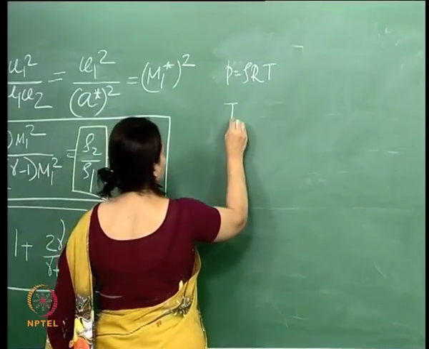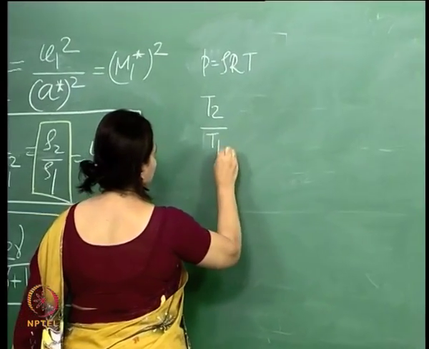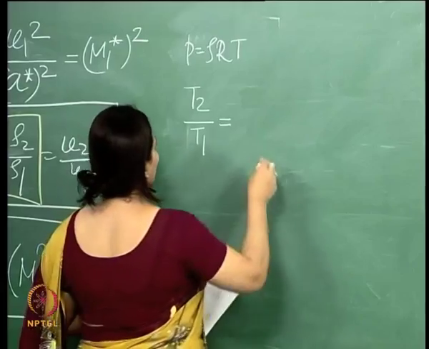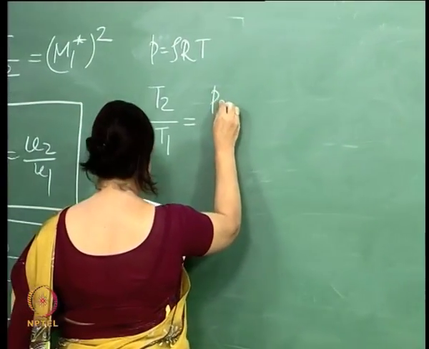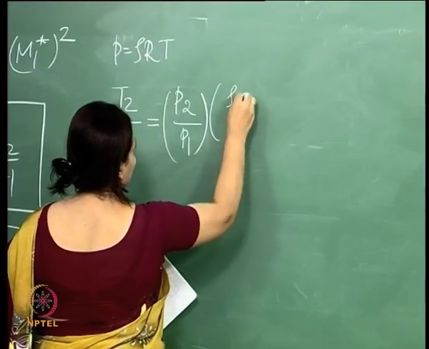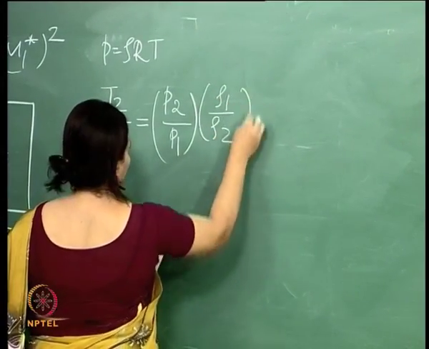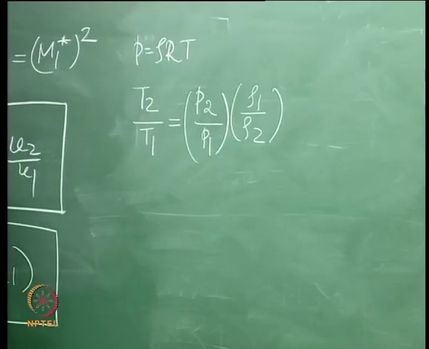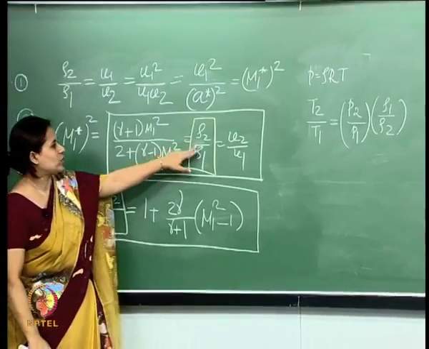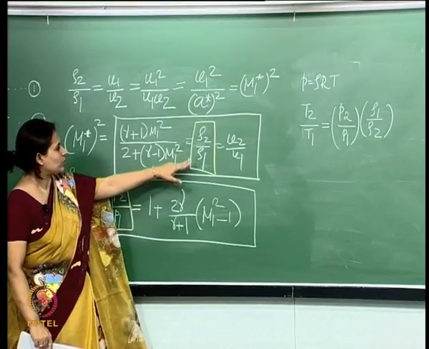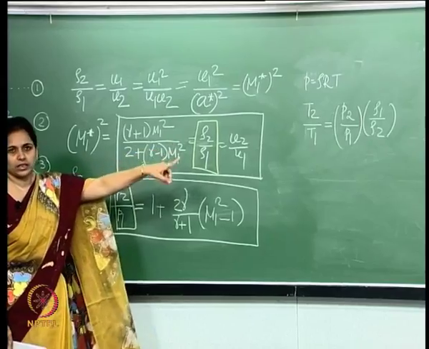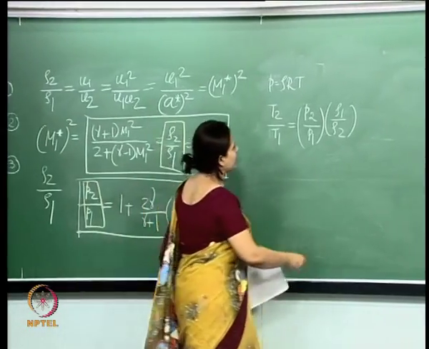Now, again I am going to just write this out. Now, T2 by T1 is actually, right, so this is it. Basically we have a relationship for P2 by P1 as well as rho 2 by rho 1. So, if we use these two relationships and get T2 by T1, I will still write it out.